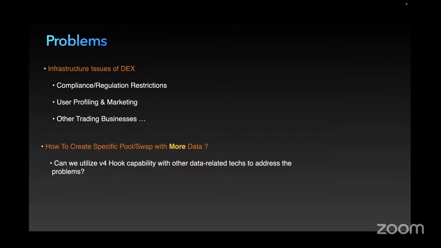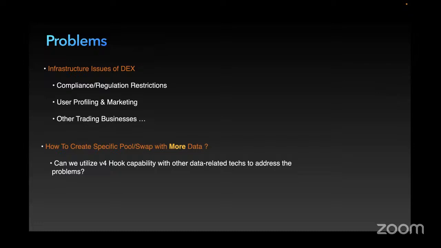There are compliance and regulation problems, like how we can enable a specific DEX for a grouped set of users, for example institutions, or how we can create certain DEX pools that make sure we are under regulation and within certain jurisdictions.